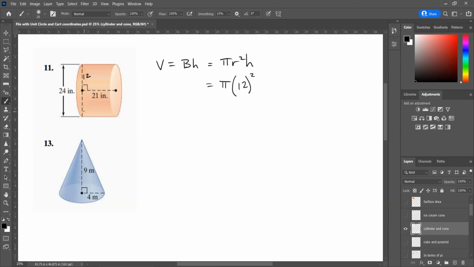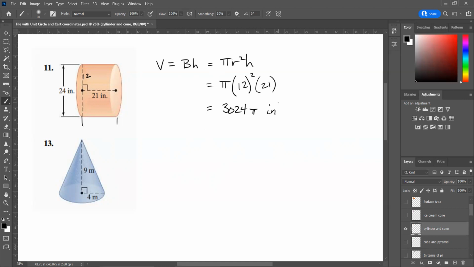And the height would be that perpendicular distance from one base to the other, which is 21 inches. So 12 squared is 144, times 21 would be 3024. And we still have that pi in there.